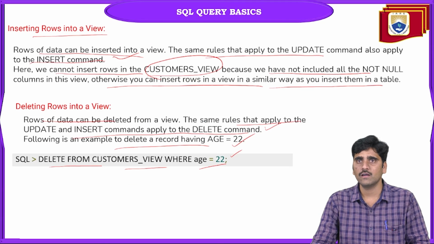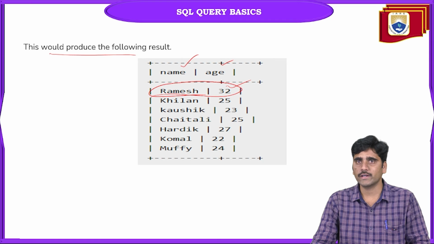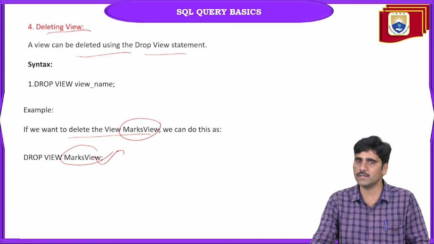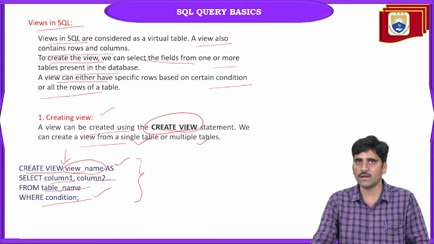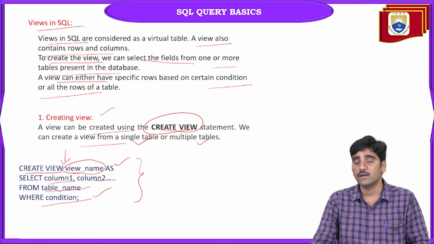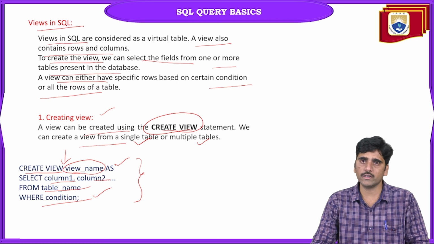So in this session, what we understood is creating views. We can create views just like we create tables, so the syntax is similar. View name is like a table name, and selecting the fields is very important to creating the view, from the table name, and a where condition also.